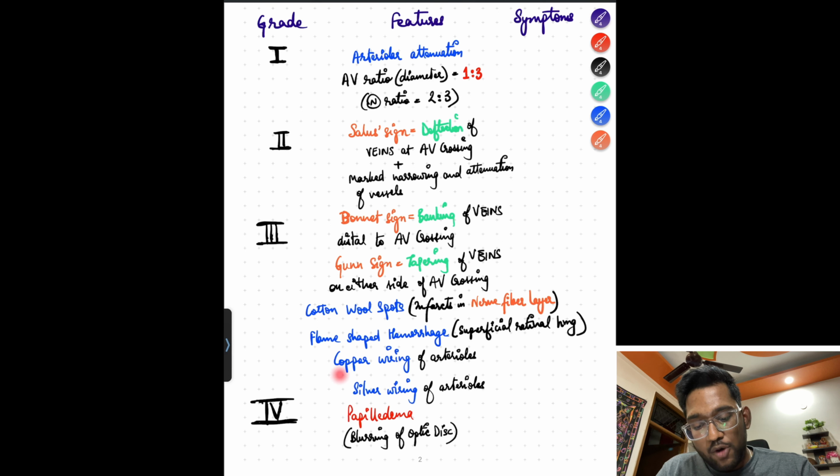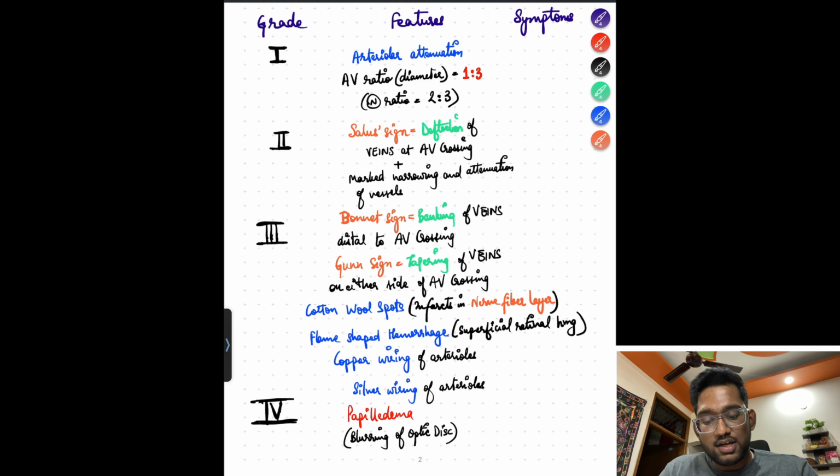Now what is copper wiring of arterioles? The normal arteriolar reflex or light reflex is the reflection of the light which is seen normally in the fundus of a patient. Now in this case, the reflected light occurs as a reddish brown reflex, so that is known as copper wiring, and it occurs because of the sclerotic phase of the hypertensive retinopathy.